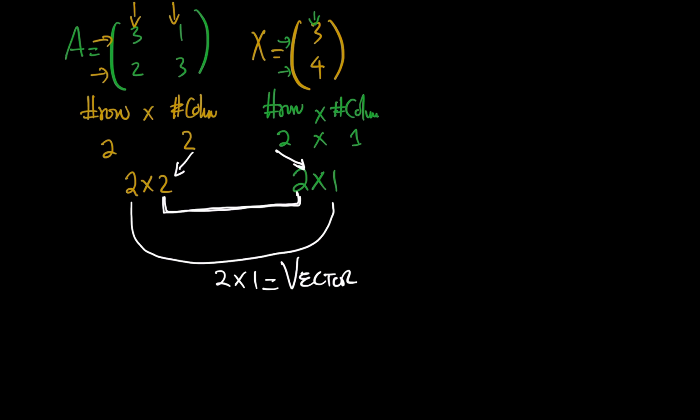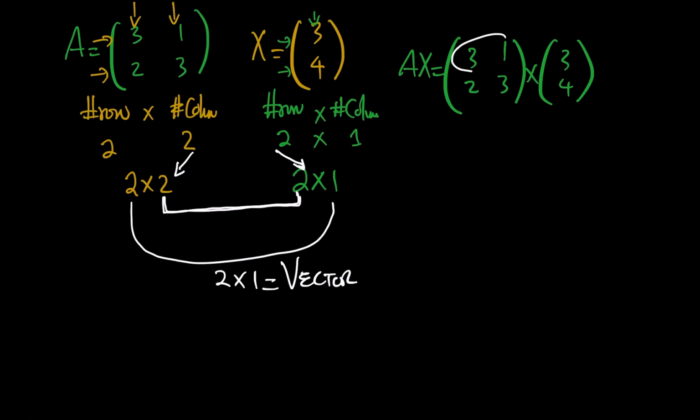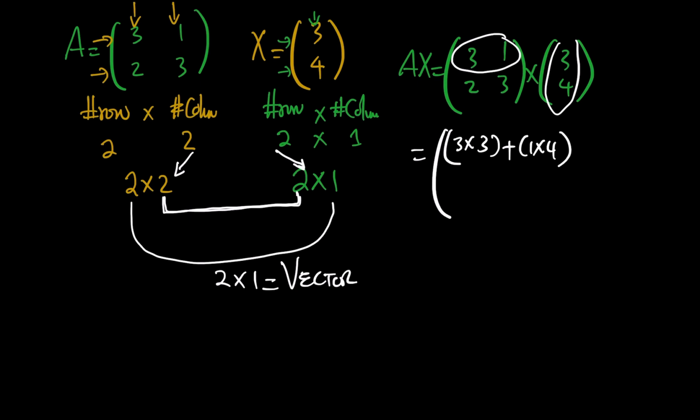So if that's the case, let's zoom straight right in. Let's say that A X is going to be 3, 2, 1, and 3, multiplying 3 and 4. Now, if we're applying the same rule, this goes with that, right? So we're going to have 3 times 3 plus the 1 times the 4. We agree, right?